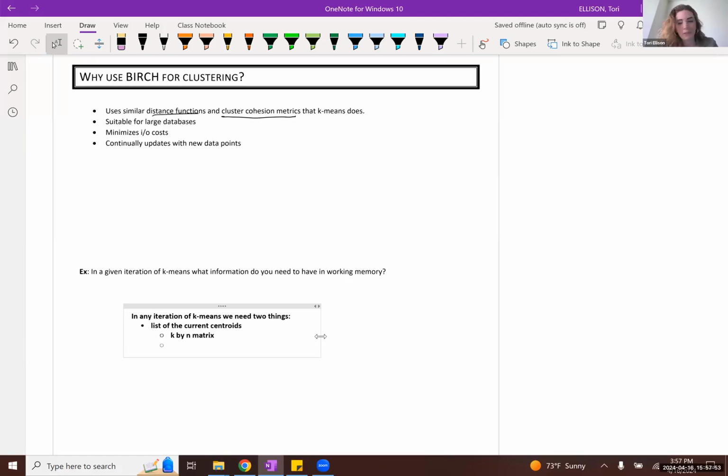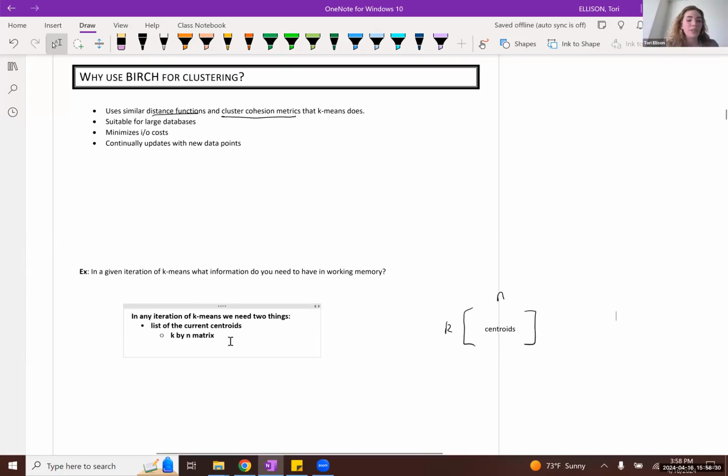And then what else do we need in a given iteration of k-means? Do you remember, in k-means we have the cluster assignment step, and then we also have the centroid update step. So in the cluster assignment step, we go through each of our observations and assign it to the closest centroid.